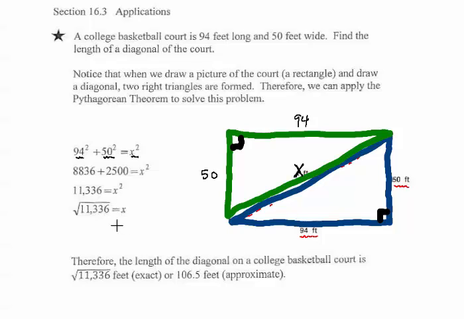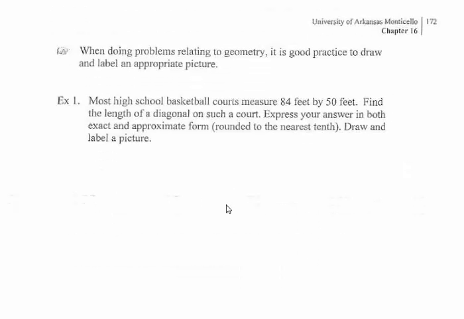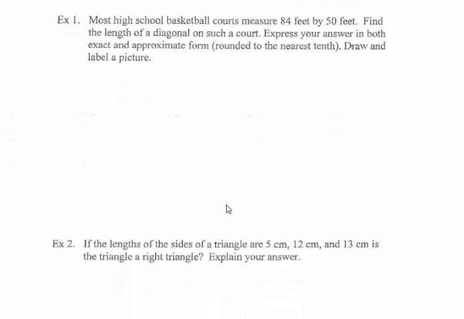We square the two numbers, and then in order to get rid of the squared part, because we just want x, we don't want this 2 for an exponent, we do the opposite operation, which is a square root to both sides, and we get 106.5 feet. Alright, so if you've got a situation and you're missing a length, and you can find a right triangle, then you can apply the Pythagorean Theorem.